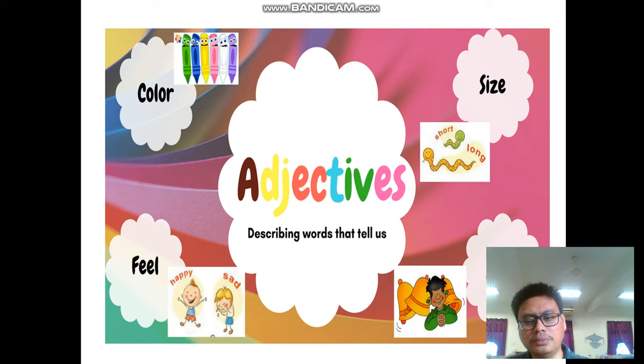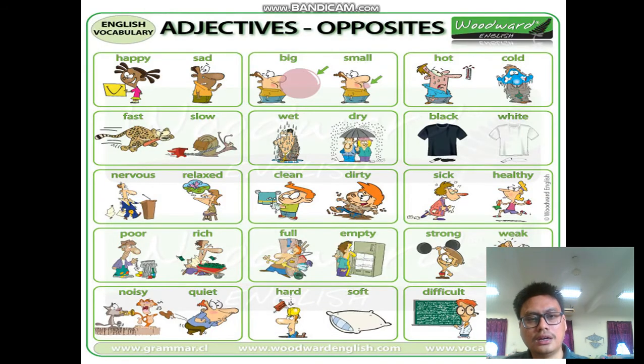So these are the common ones. Usually we use adjectives of color, size, feelings, and also sounds. These are other examples which generally tell you about opposites. For example, happy, sad, big, small, wet, dry, full, empty, hard, soft, noisy, quiet. So basically this is what adjectives are.